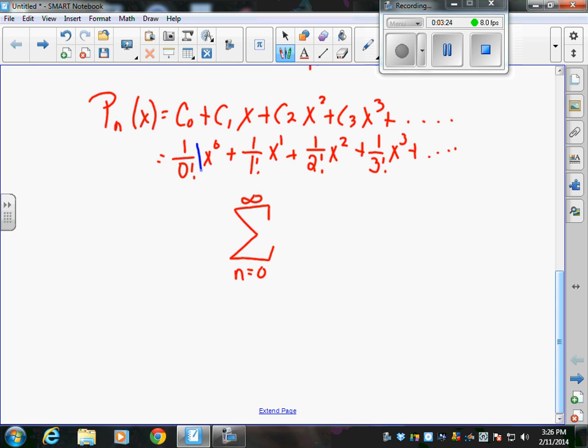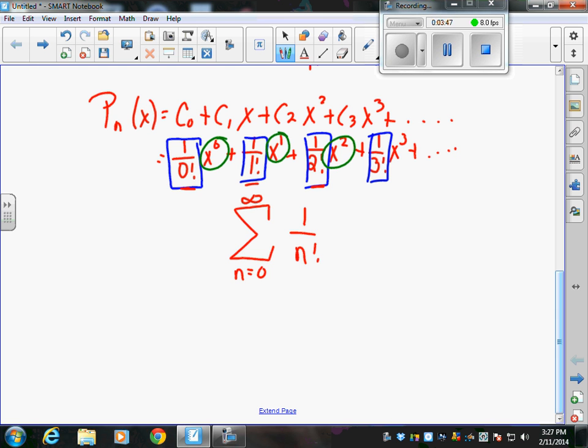The first thing I'm going to notice is they all have this fraction, and notice that it's 1 over and then a factorial. We're starting at 0 and we count 0 factorial, 1 factorial, 2 factorial. So that's going to be n factorial. Then we have these x's. x to the 0, x to the 1, 2, 3, and so on. So that would be x to the n.